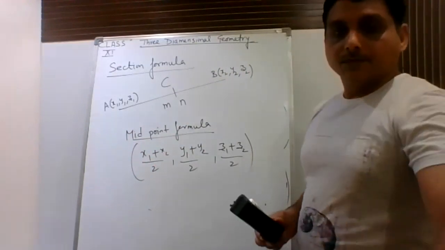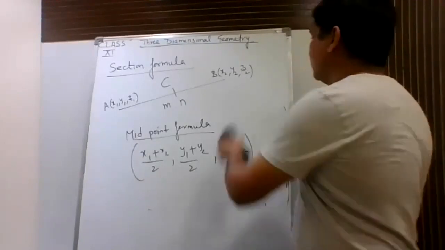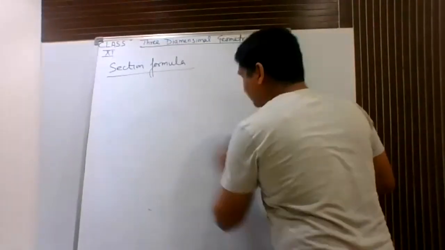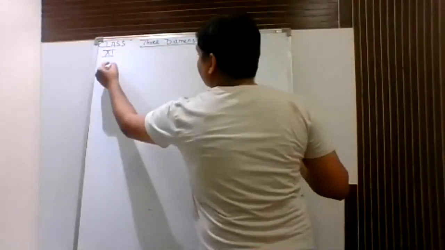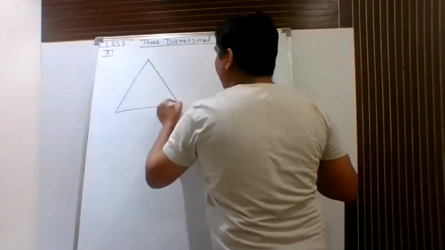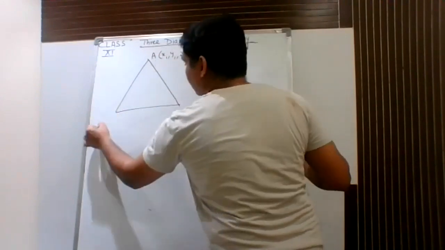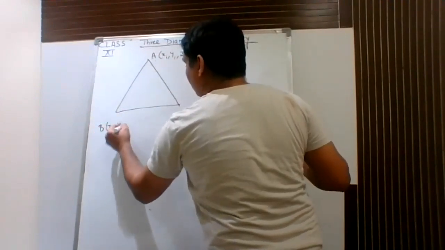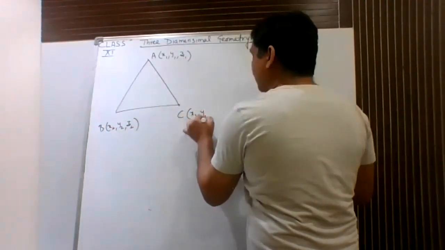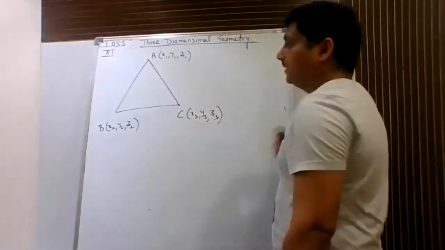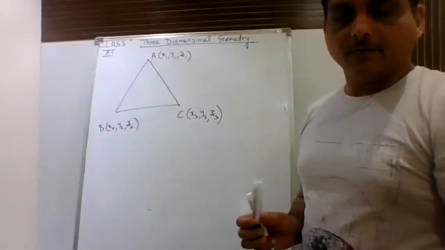Now, centroid of a triangle. Let us see how to find the centroid of a triangle, and we will prove the formula also. Suppose the vertices of a triangle are given: A is x1, y1, z1, B is x2, y2, z2, and C is x3, y3, z3. Now, this is a triangle and we want to find the coordinates of the centroid.